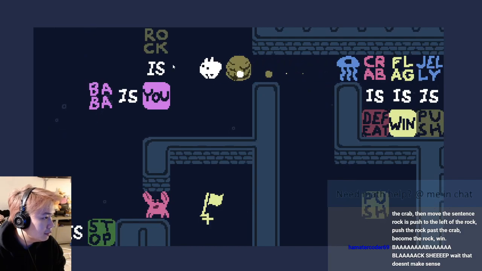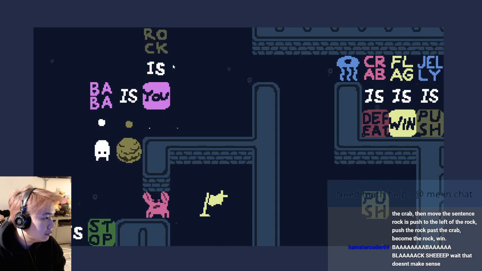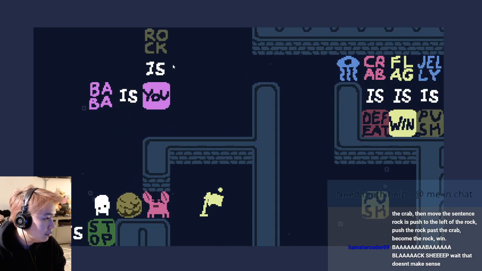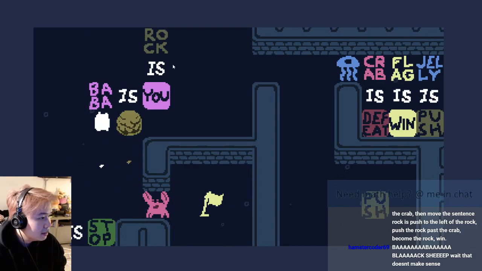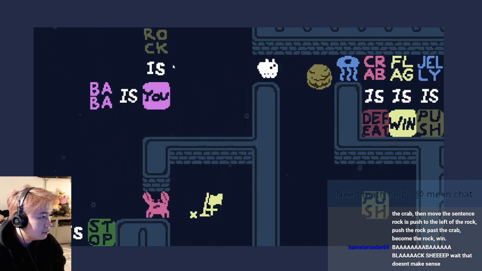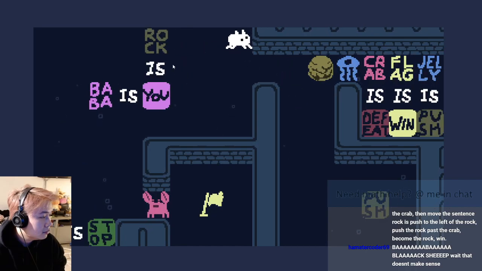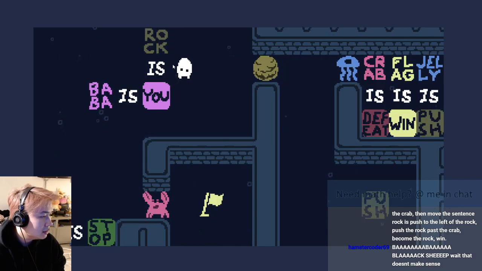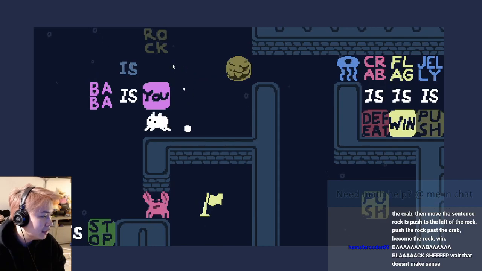Okay, so I need to move the rock here. Whoa. So I guess I need to play around with this geometrically, because the moment I move this, the rock is no longer me. Well, I guess I can always reform it.